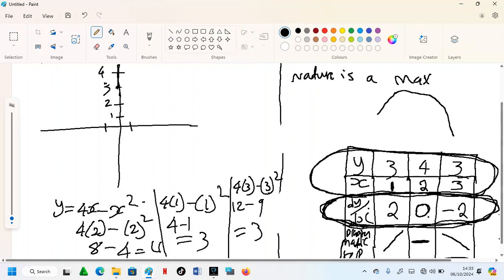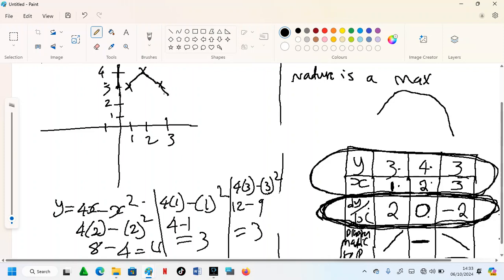But if you're not told to sketch, you can simply get the dy/dx, and then using the signs that you get, you can tell whether it's a maximum point, a minimum point, or a point of inflection. So the first point is (1, 3). So 1 is there, 3 is there, right? Then we have (2, 4), which is apparently the turning point. 2 is there, 4 is up there, and then it has to turn. And then we have (3, 3). 3 is there, 3 is there.